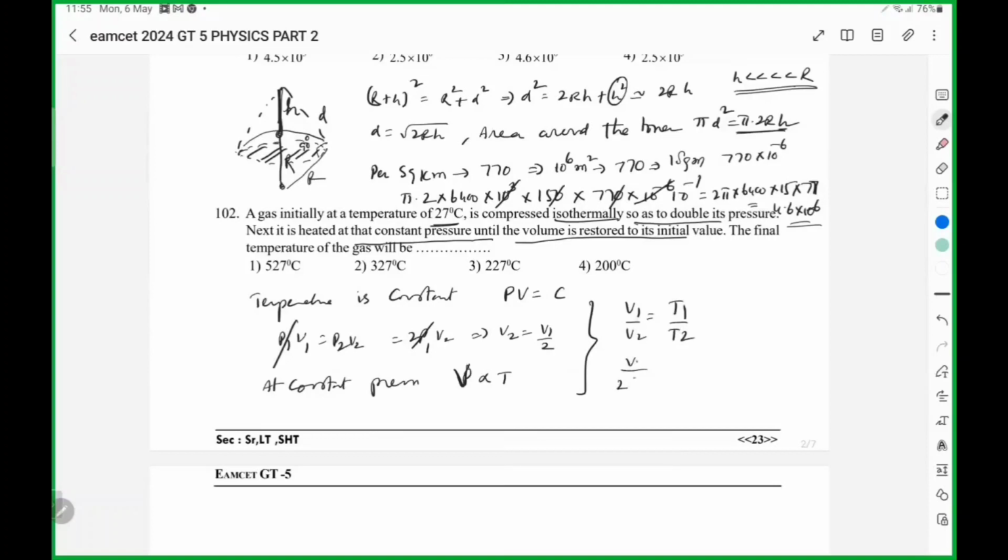V1 is V by 2, V2 is double that volume, because it was already compressed. Initially the temperature is 300, not changing, so T2 will be 600 Kelvin, which is 327 degrees centigrade.